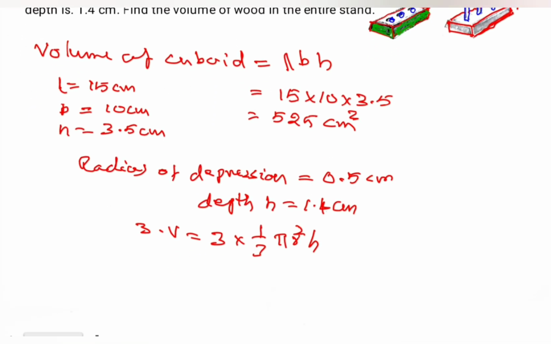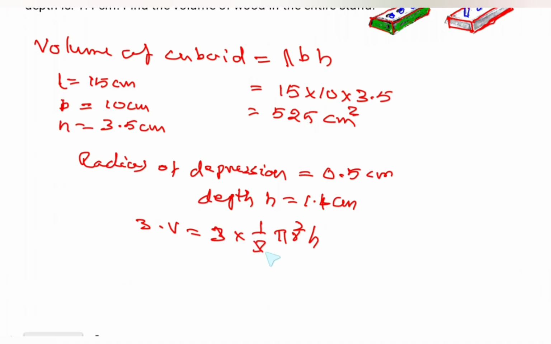So this equal to 3 get cancelled. 3 depressions volume this is.